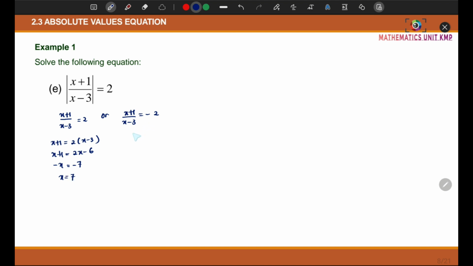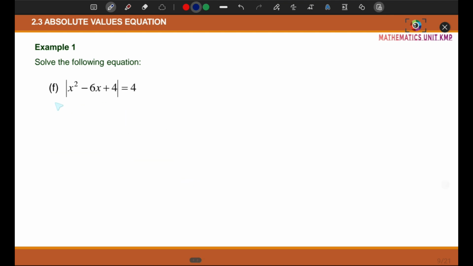And for this one, x plus 1 equal to negative 2 times x minus 3. Okay, simplify. So we have 6 minus 1, 5, and x is equal to 5 over 3. So this is our answer.